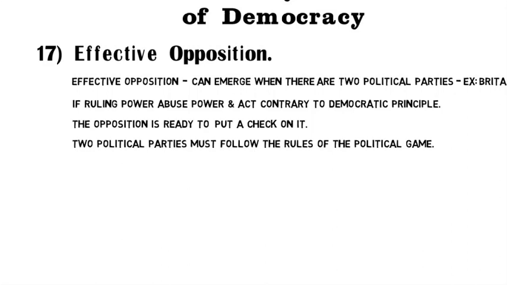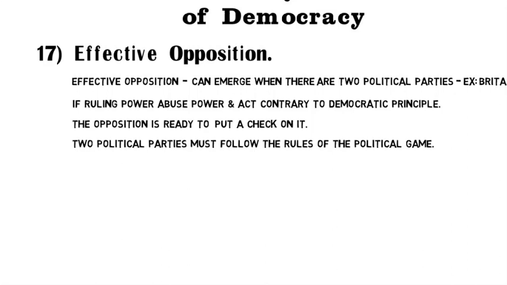because we must remember that the two political parties must strictly follow the rules of the political game. They must follow the rules of democracy, and by keeping these rules and the interest of the nation in mind, democracies will survive and they can have their own democratic form of government, which is also a good way of life.